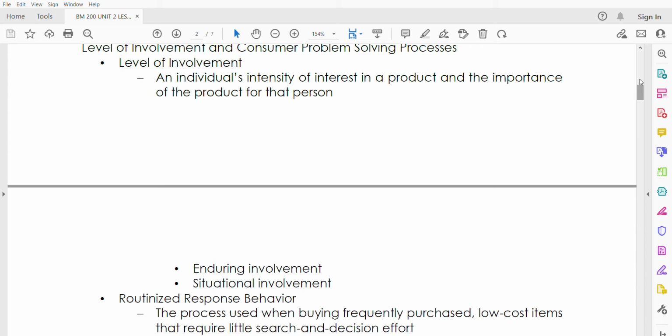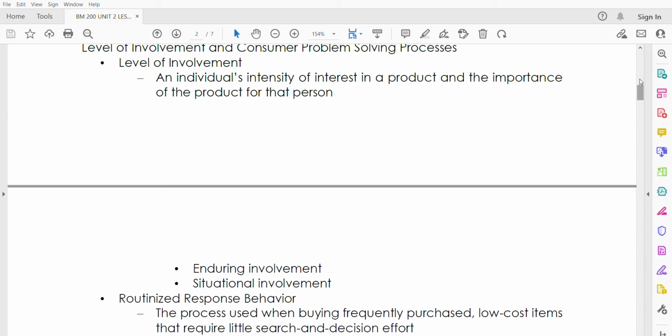Unsa na ka-importante nga product para sa iyaha? For skincare ba na, for hygiene, for sanitary purposes, for health purposes, unsa kataas ang level of involvement niya nga kinahanglan jud kay na niya paliton nga product. Is it enduring involvement or situational involvement?